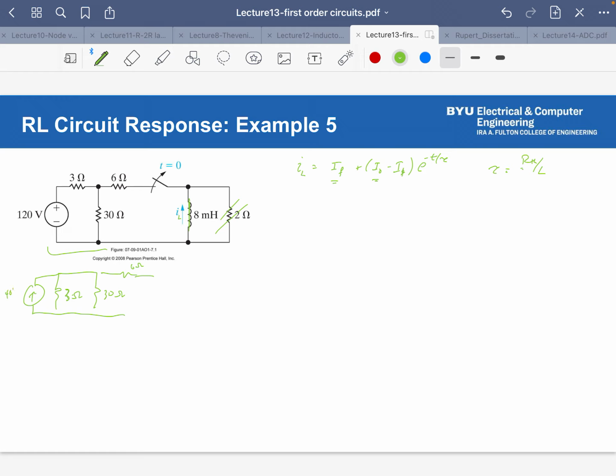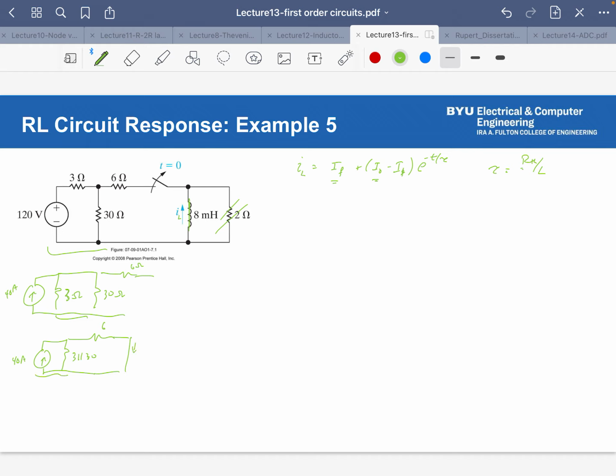So what is that? 40 amps. And then we can combine 3 in parallel with 30. So we have 40 amps, 3 in parallel with 30, and then we have our 6 ohm, and then a wire. We want to find this current.